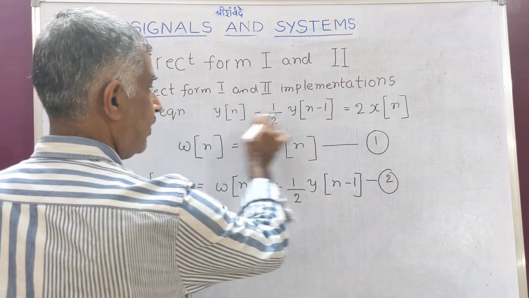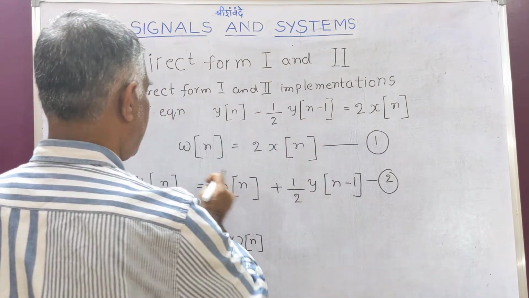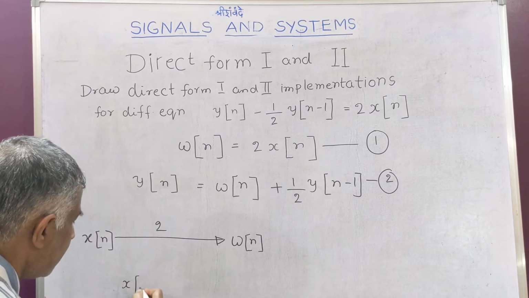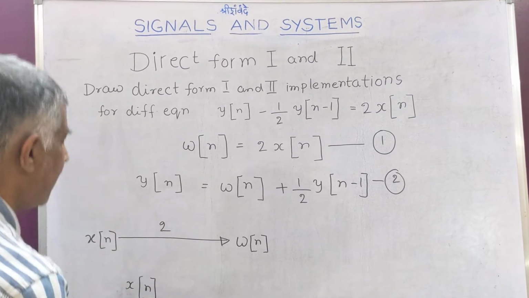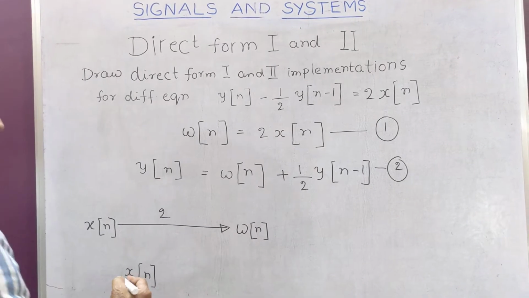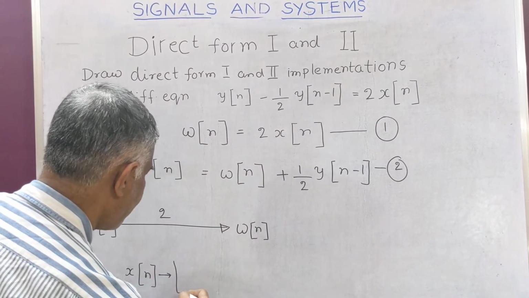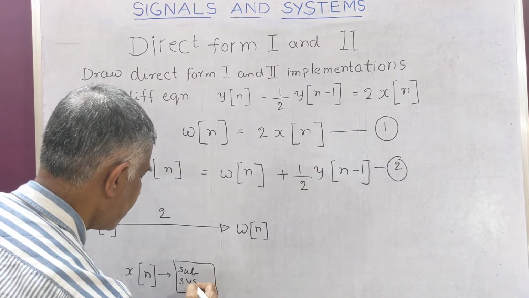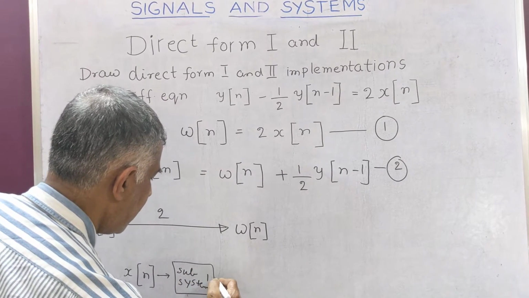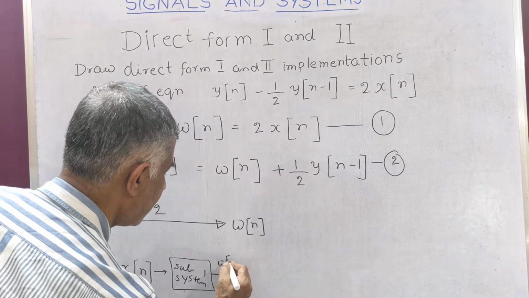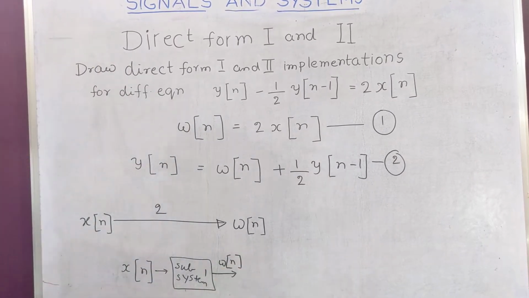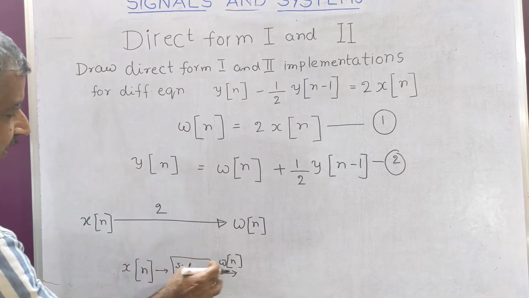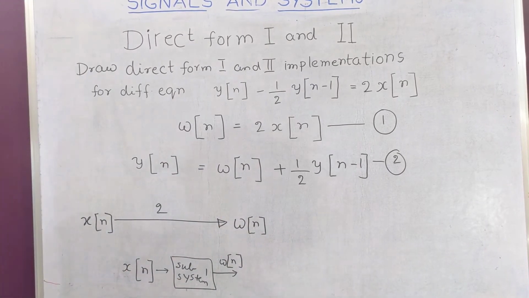This is the implementation of w of n. Here I show the block diagram: x of n is given to a subsystem. This is subsystem 1, and this is w of n. Now the problem is not over. This is subsystem 1, where we have generated w of n.